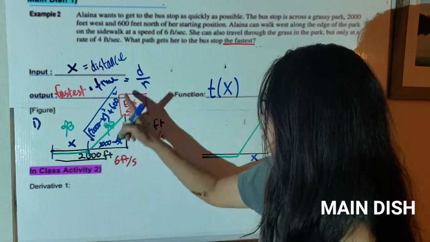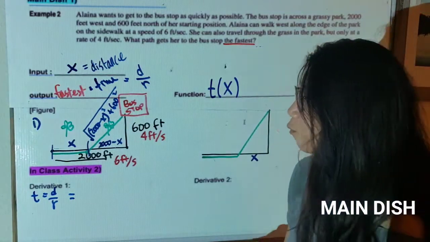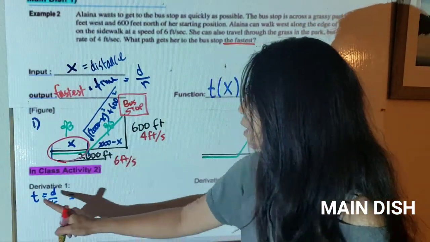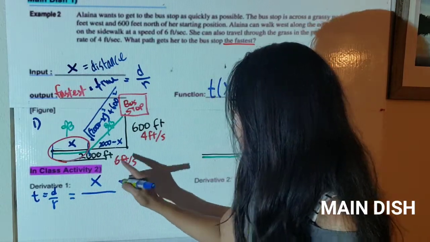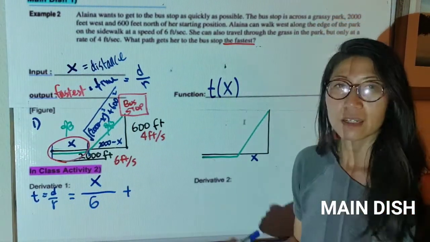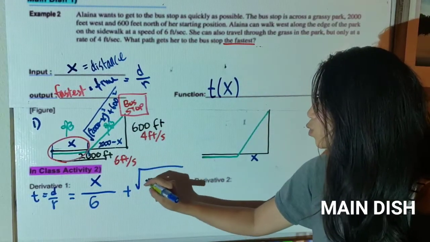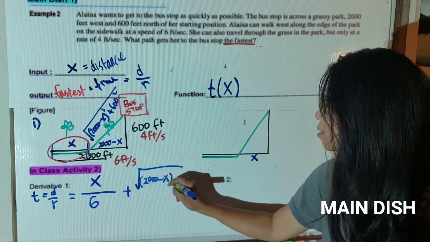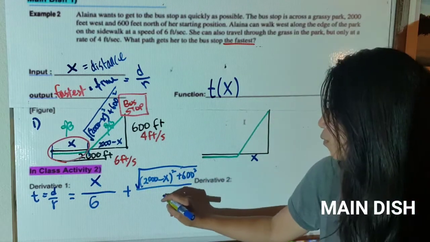So here time is distance over rate. So the piece that I'm walking, this sidewalk, what is the time it takes? That's going to be x over speed of 6, plus, if you look at this distance, it is going to be square root of (2000 minus x) squared plus 600 squared, over 4.